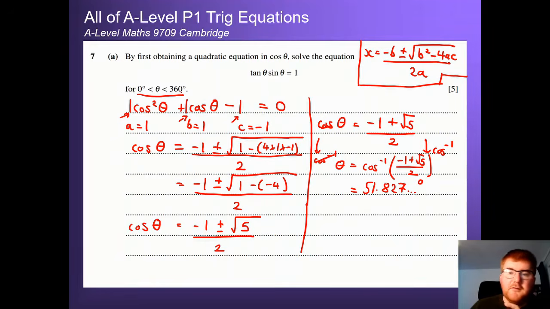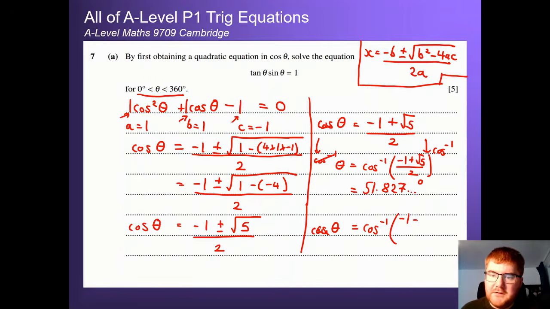Notice between 0 and 360. Let's just check if there's one for the negative. So we do cosine theta equals, theta equals cosine inverse of minus 1 minus root 5 over 2. So we want to do the same calculation.